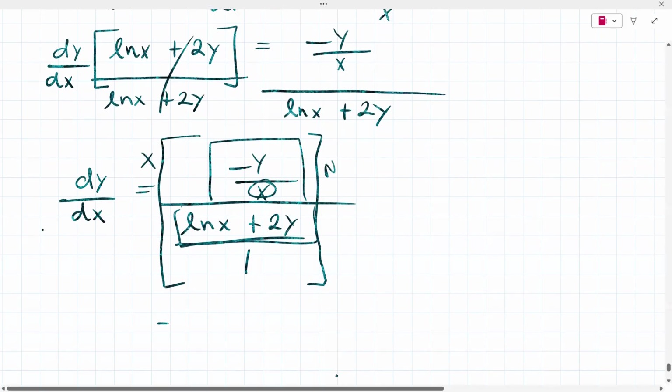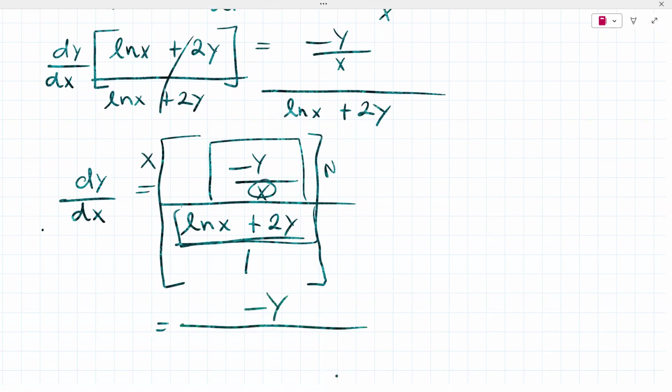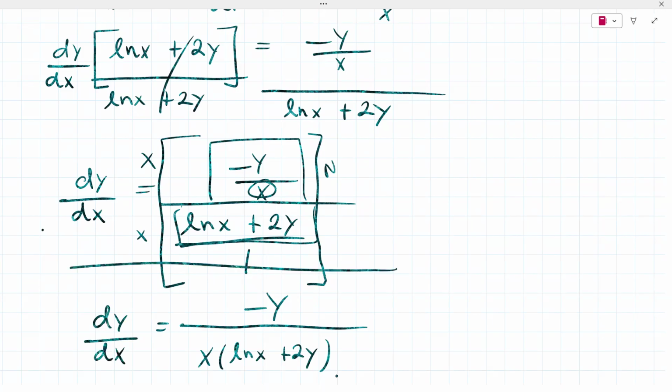So this would be negative y, and then when I multiply here by x, it's going to be x times ln of x plus 2y. And that is your final answer.